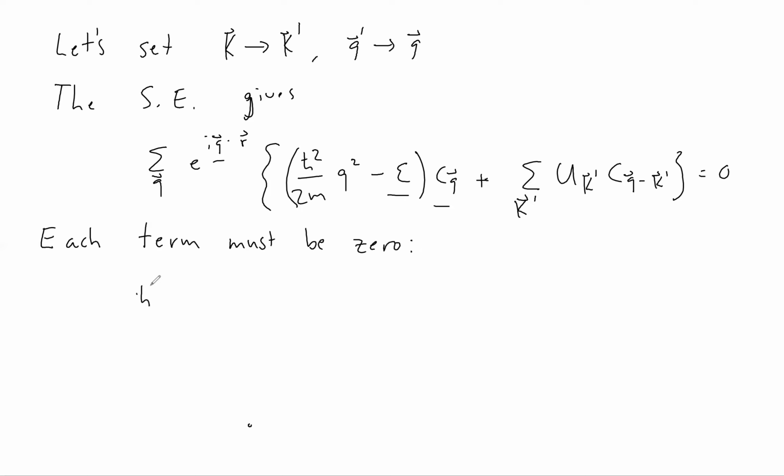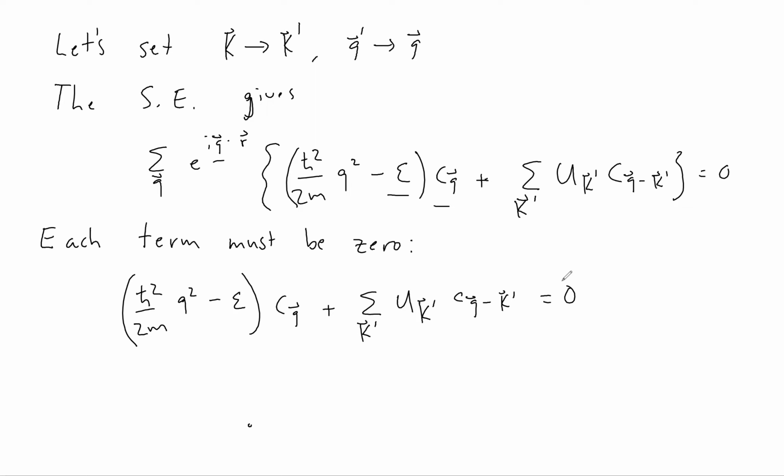So we can say that (h bar squared over 2m q squared minus E) times c_q plus the sum on K prime u_{K'} c_{q minus K'} is equal to 0.